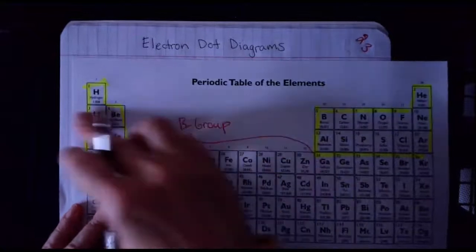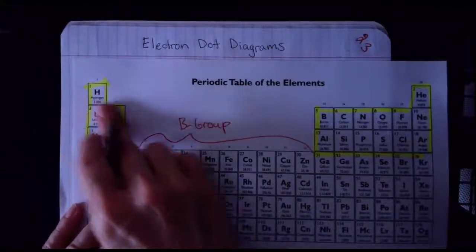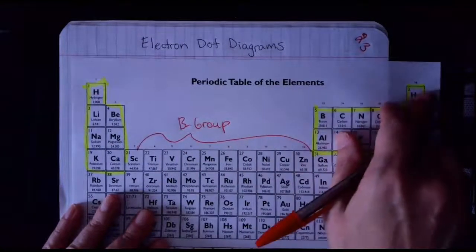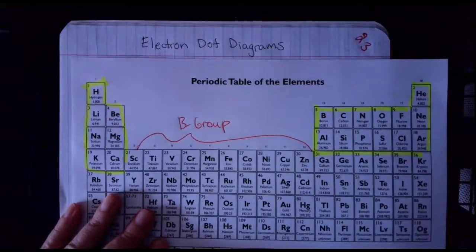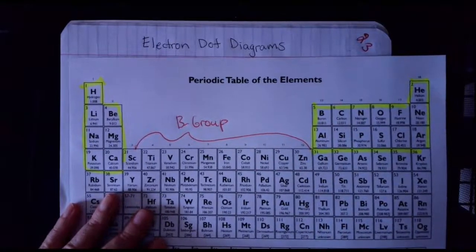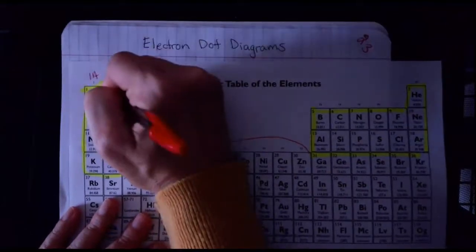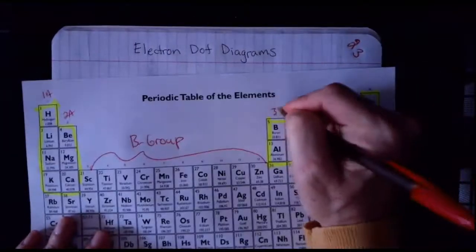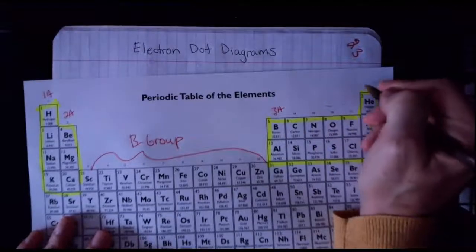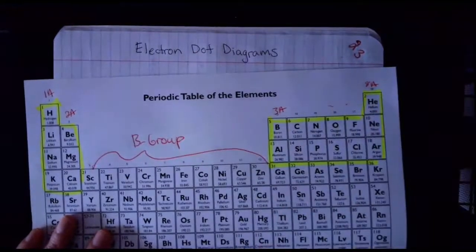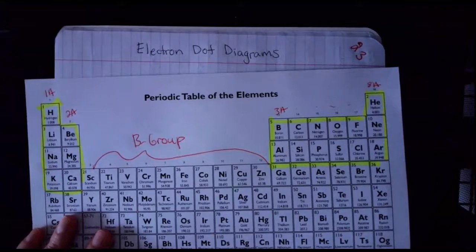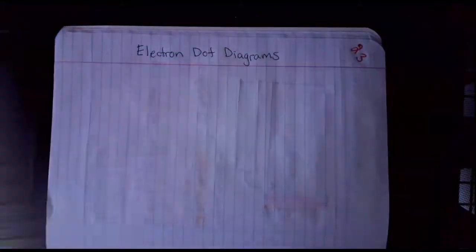We can label these from 1 all the way through 18. But when we think about the elements in terms of A group and B group, the A group elements are just 1A, 2A, 3A, and so on until you get to 8A. So it's just the A group elements that we're going to be looking at today.